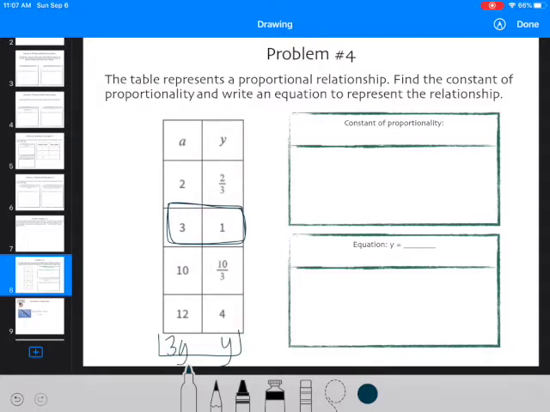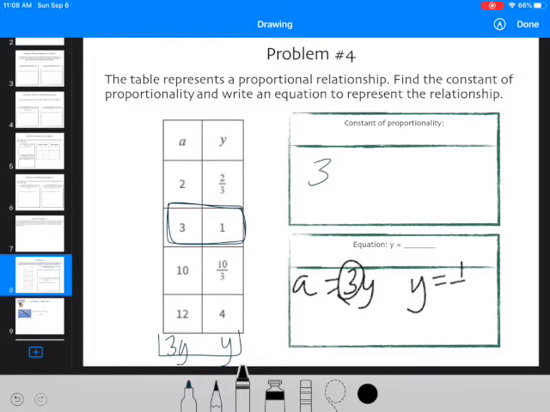Okay, so my constant of proportionality is 3. And so my equation would be a equals 3y. Or if I wanted to come up with the other option, I would use my reciprocal. So I would say y equals 1/3 of a.